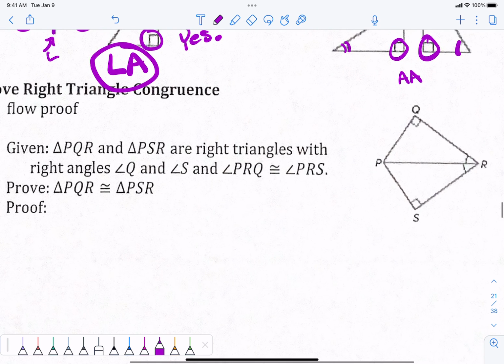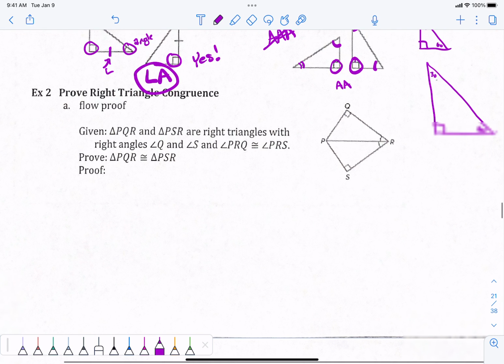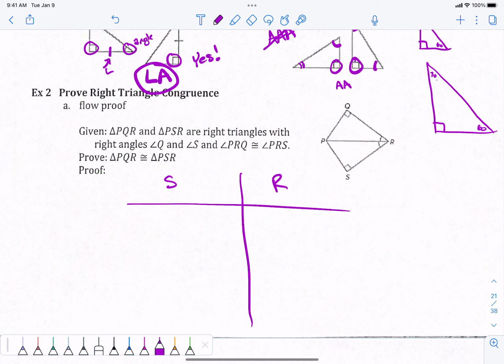Here we go. Given triangle PQR and PSR are right triangles. Okay, that's what we're given. So statements, reasons. Triangle PQR and triangle PSR are right triangles. That's given to us.